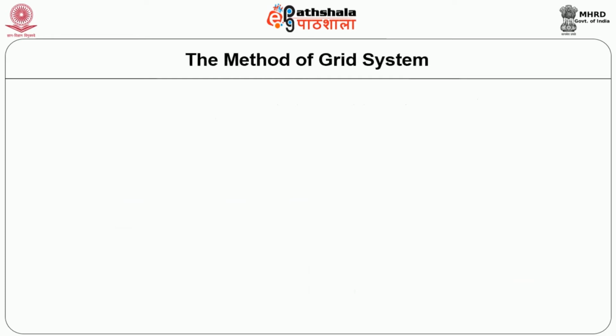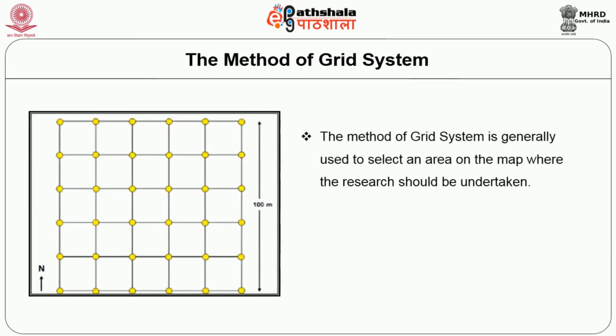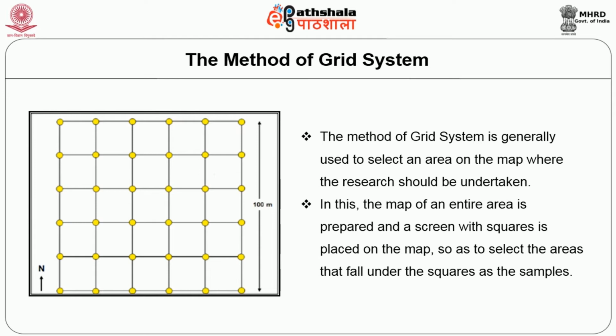The grid system method is generally used to select an area on the map where the research should be undertaken. In this, a map of the entire area is prepared and a screen with squares is placed on the map so as to select the areas that fall under the squares as the samples.